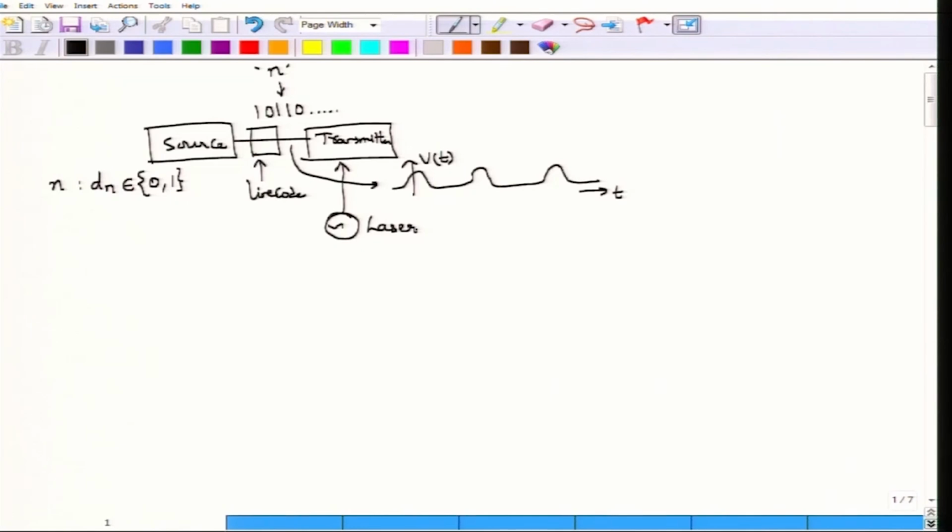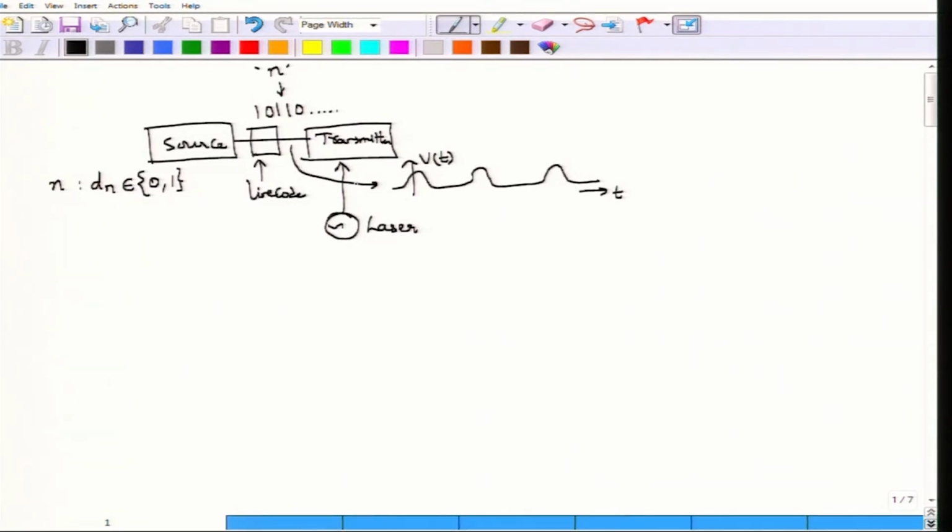As I said, for long haul optical communications, it is a semiconductor laser that is used as the light source, and we are labeling that by this laser. We will come to some of the important characteristics of the laser in a few minutes, but for now it simply provides us with an electric analog of an oscillator. So, this laser is actually an oscillator for all our purposes in this module.